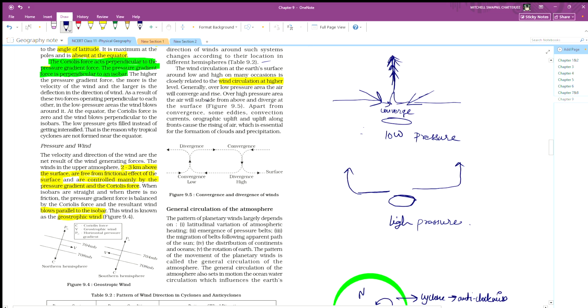In the high pressure area, the air will subside from above and diverge at the surface.